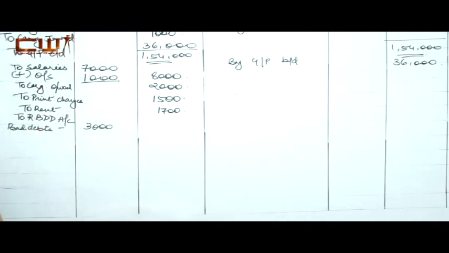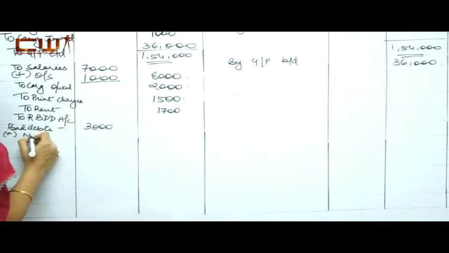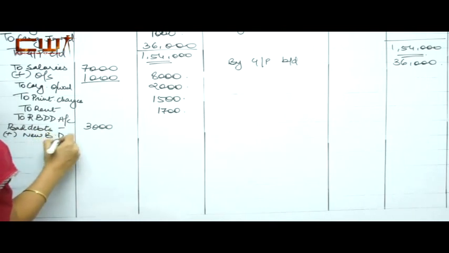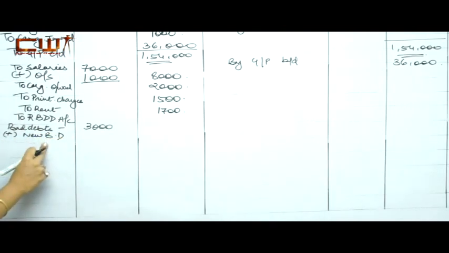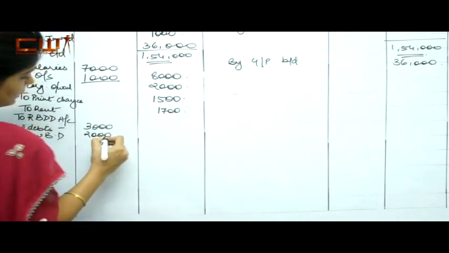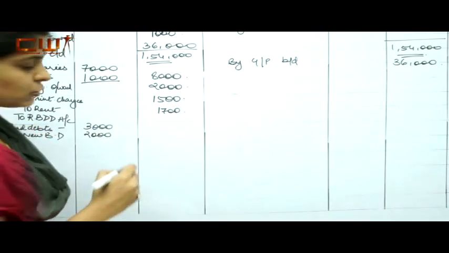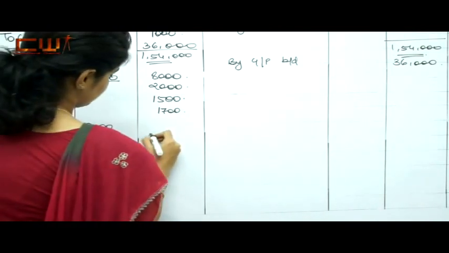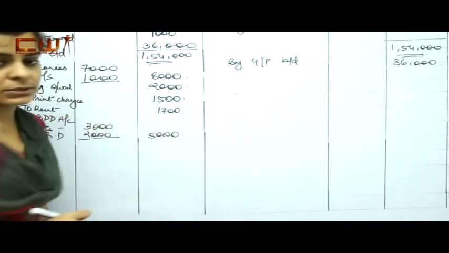And in the question also they say provide for further bad debts 2,000. So this will be new bad debts. Already you have 3,000 and now you have new. So write new bad debts. Whatever you have, something new you added, and whatever is the old one you subtracted. So 3,000 plus 2,000, how much you get? 5,000. So this is done, right?